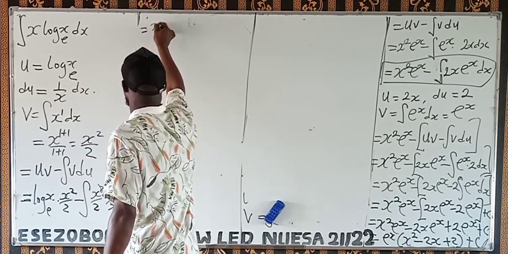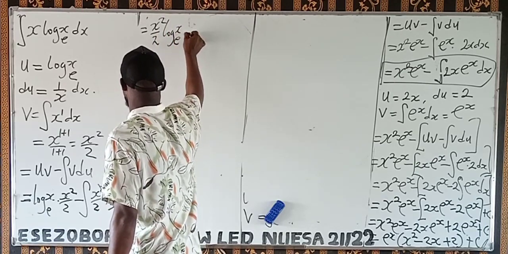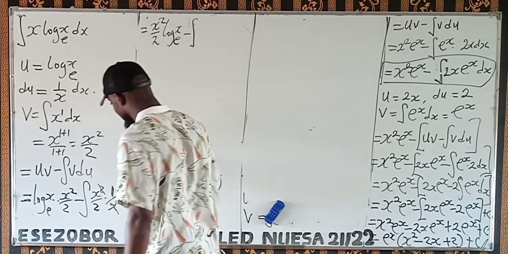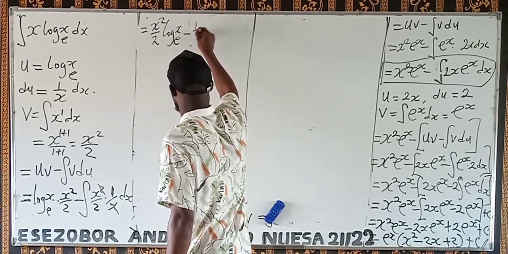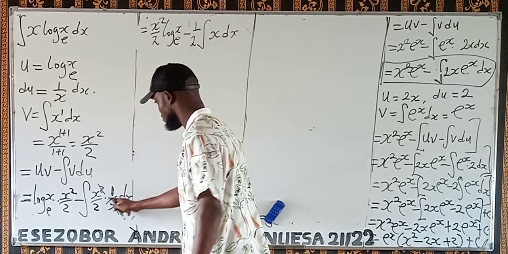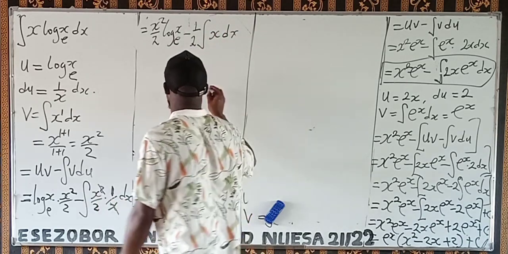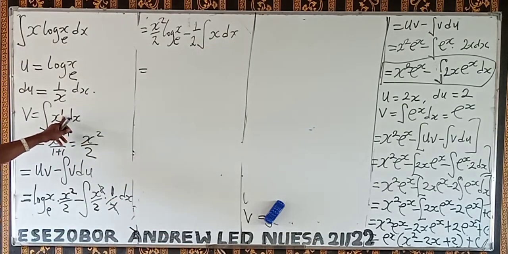So we're going to have x squared over 2 log x to base e minus integral, 1 over 2 we move outside. So we're going to have 1 over 2 integral x dx. If you integrate x dx, remember it's x over 1.